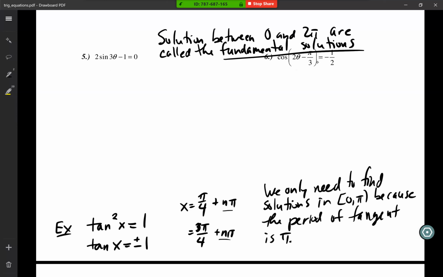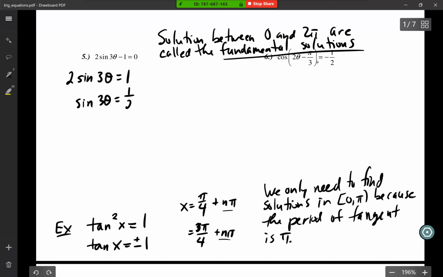Now we're going to start this in the same exact way that we started all the rest of them. The first thing we're going to do is add the 1 to the other side, and then divide by 2. It's exactly how we started off the previous problem.